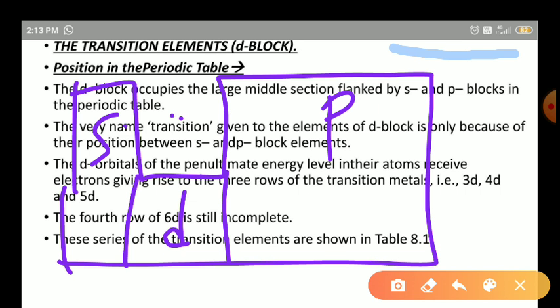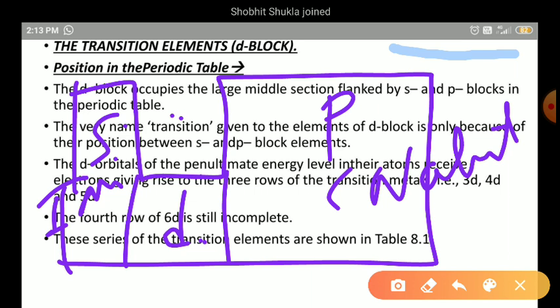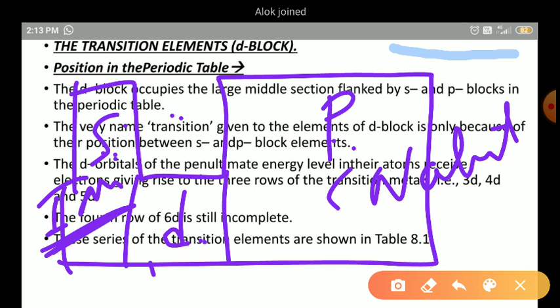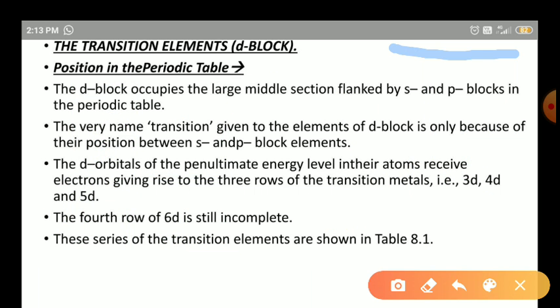The s block elements form ionic bonds, and the p block elements form covalent bonds. The d block elements, occupying the position between the s and p blocks, show both properties: they form ionic as well as covalent bonds. Right, friends?